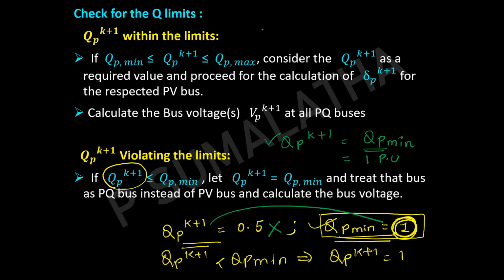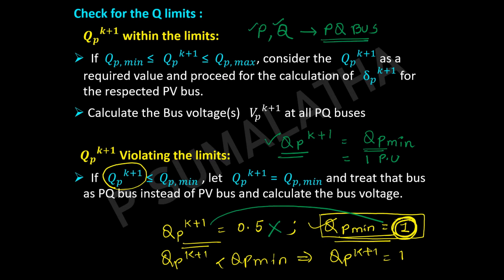For a PV bus, you already know the P value. Now, whenever you say that your Q value is equal to this much, then you will know the Q value also. Whenever you know the P and the Q value, that will become a PQ bus. If you know the P value and the Q value, that is called a PQ bus, not a PV bus.